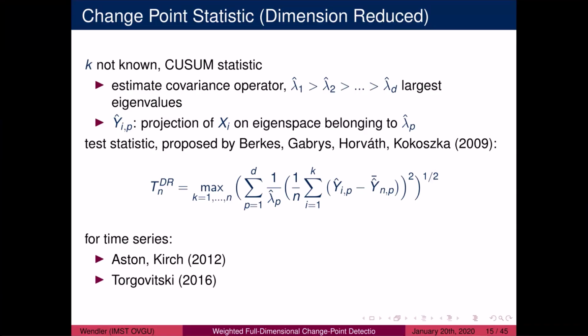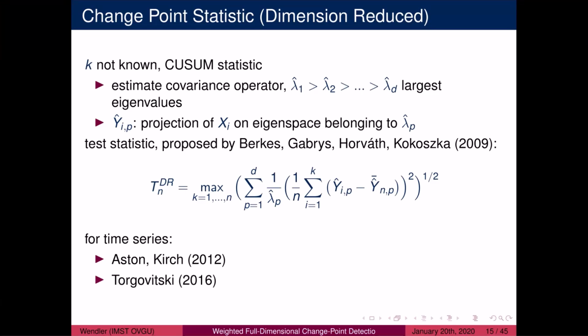Under the alternative, if a change would be at k, then the expectation of the mean of the first observations is different from the last. So it's also different from the pooled expectation. So we have some systematic deviation. So I hope that I've convinced you that this inner thing is a good test statistic for one change point if you know the time of a change in one dimension.